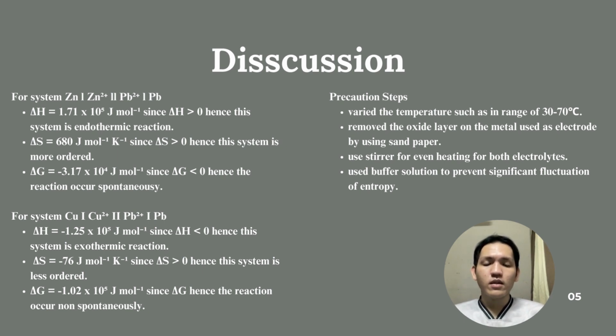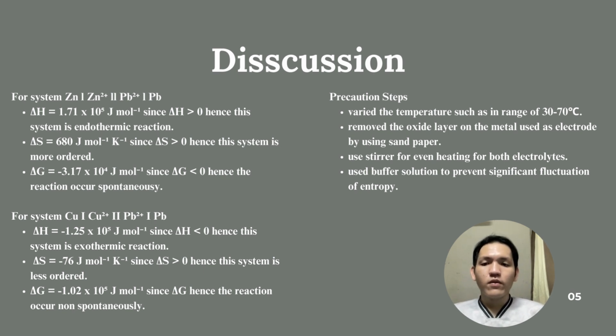Since the entropy is greater than 0, this reaction is preferably more ordered, and the Gibbs free energy for this reaction is negative 3.17 times 10 to the power of 4 joule per mole, and since delta G is less than 0, the reaction occurs spontaneously.